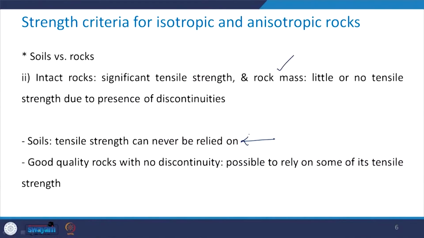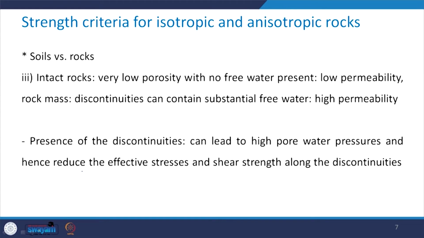Your answer should be no, because the tensile strength of the soil cannot be relied on, and therefore it does not make any sense. Good quality rocks with no discontinuities, it is possible to rely on some of their tensile strength, but not in case of the rock mass.